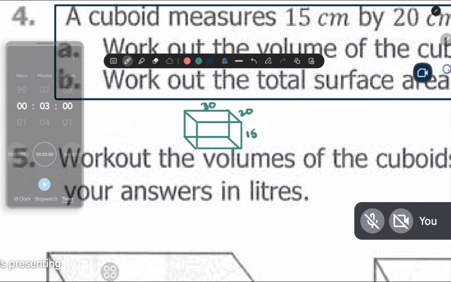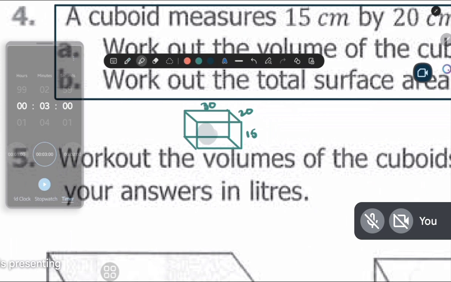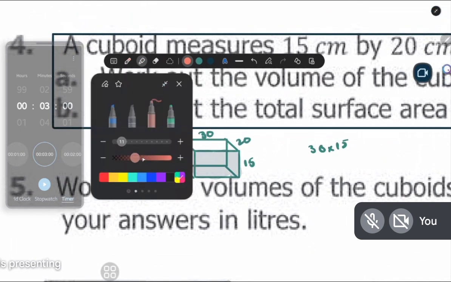So you have one which is this one. What are its dimensions? 30 by 15. Okay, so you get 35. Then you have this one. What are the dimensions for this? 20 by 15.